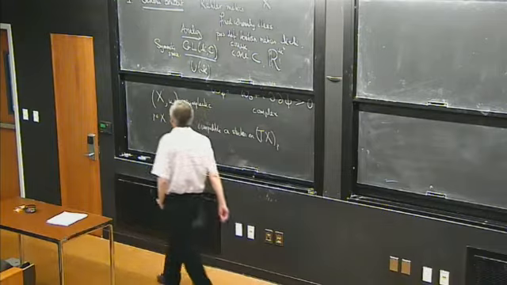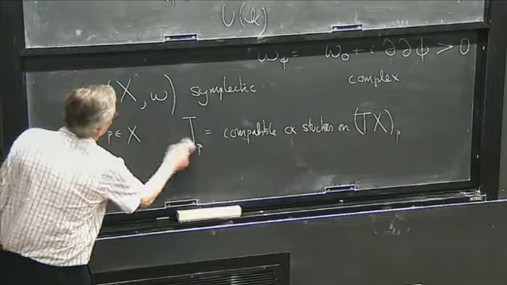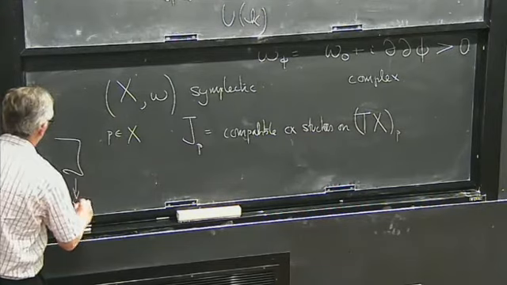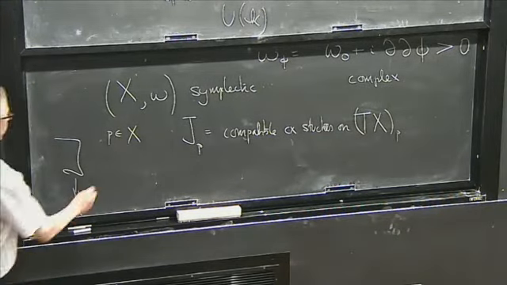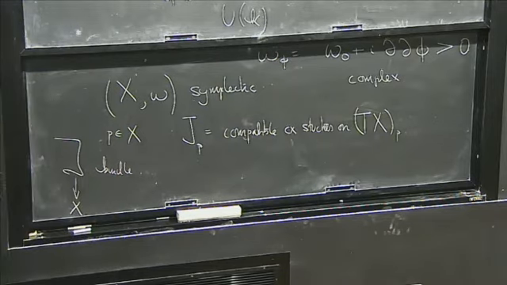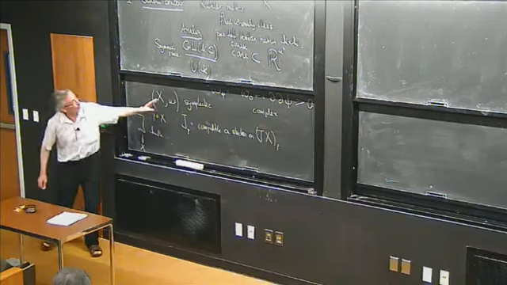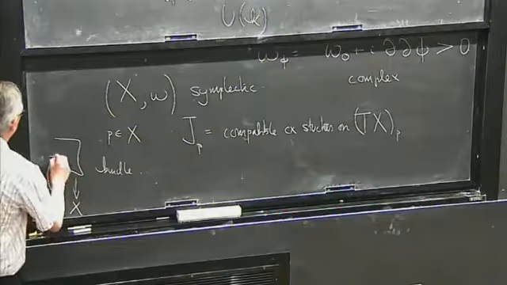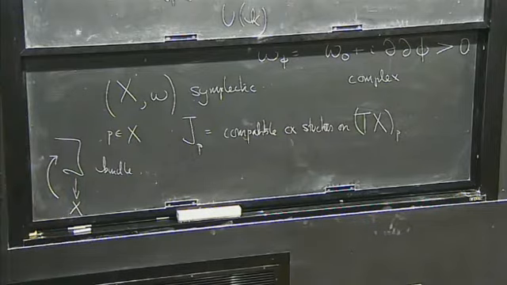And so this thing defines a fiber of a bundle, say script J over X. And then we can think of giving at least an almost complex structure compatible with the symplectic form as giving a section of this bundle.